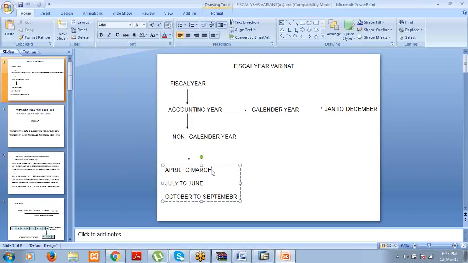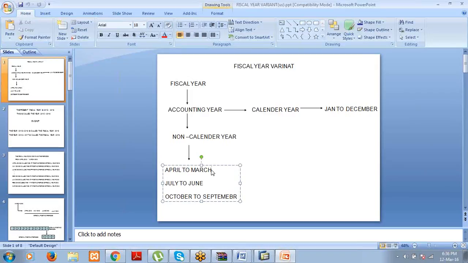That Act clearly specifies that every business enterprise has to maintain the books of accounts for a period of April to March, and from those books of accounts it has to prepare the financial statements. That's why every business enterprise in India has to follow April to March.